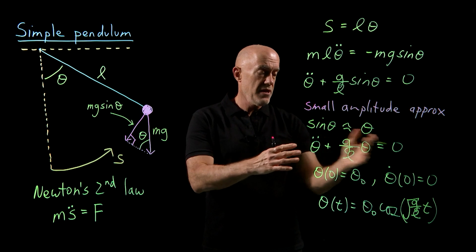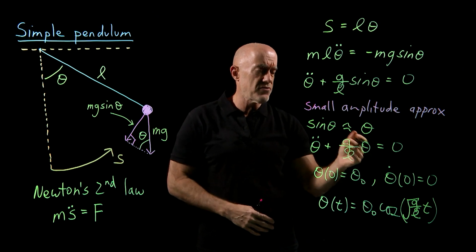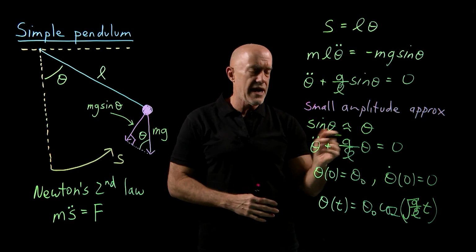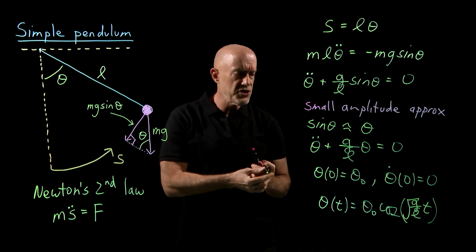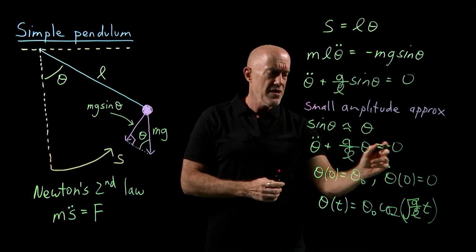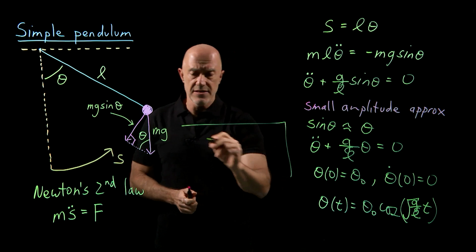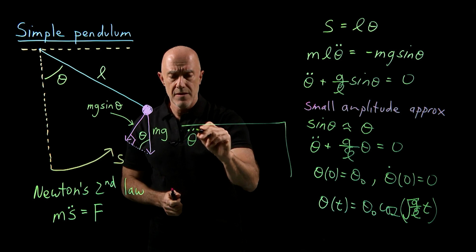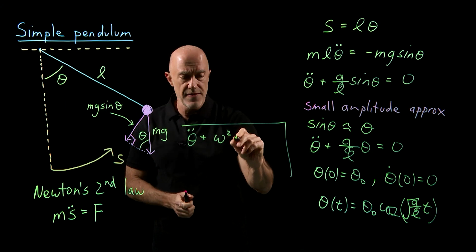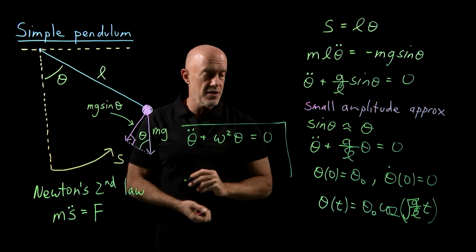This equation is an equation which generally is called the simple harmonic oscillator equation. It's usually written in a more general way. One would write that equation as theta double dot plus omega squared theta equal to 0.